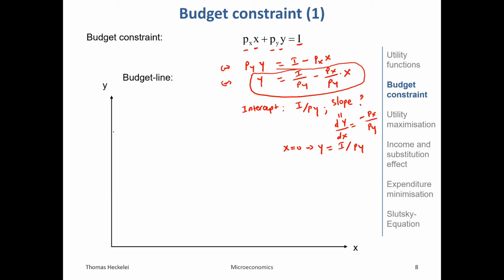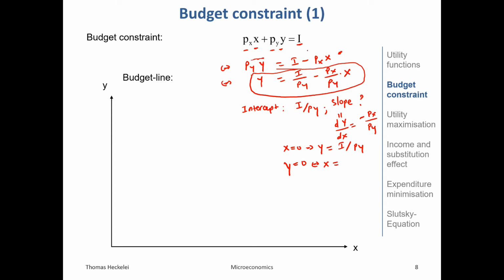So now let's do the second point. Set y equal to 0. Then x equal to, let's look at it here. So if here you have y equal to 0, then the left-hand side is 0.